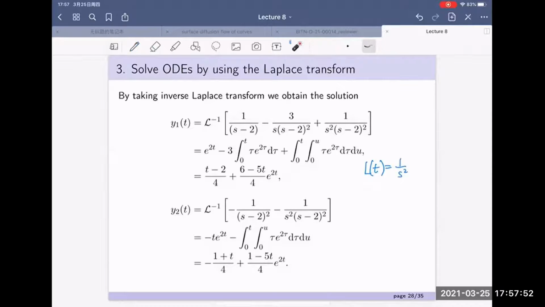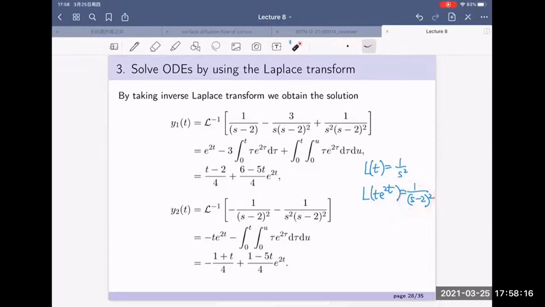But this is not 1 over s, but it's s minus 2 here. So you need to multiply this by exponential 2t. If you multiply it by exponential 2t, you would get a shift in the variable s. So you get t times exponential 2t for this part.